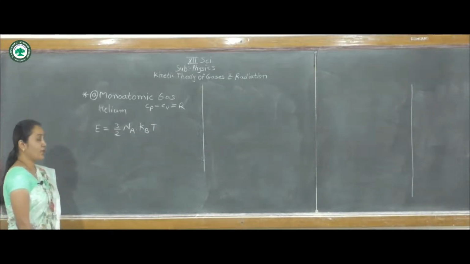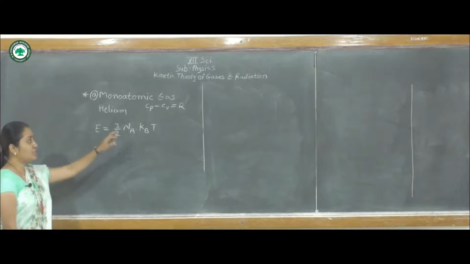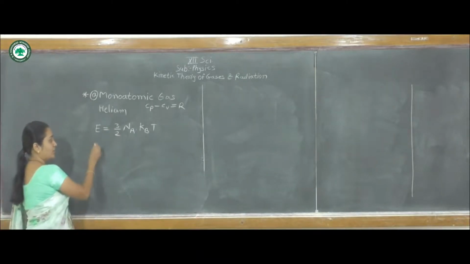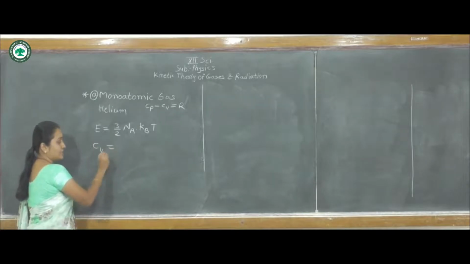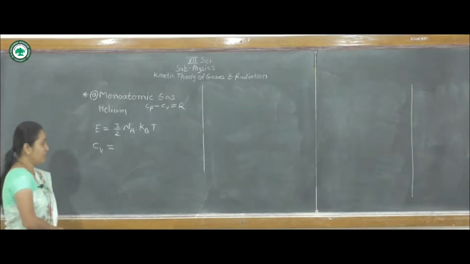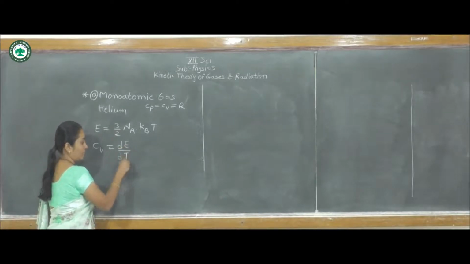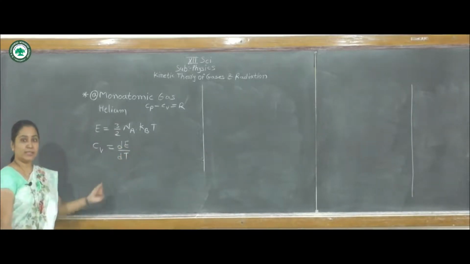So now we have to find the value of Cv, that is specific heat at constant volume. This Cv is given by Cv is equal to dE upon dT.